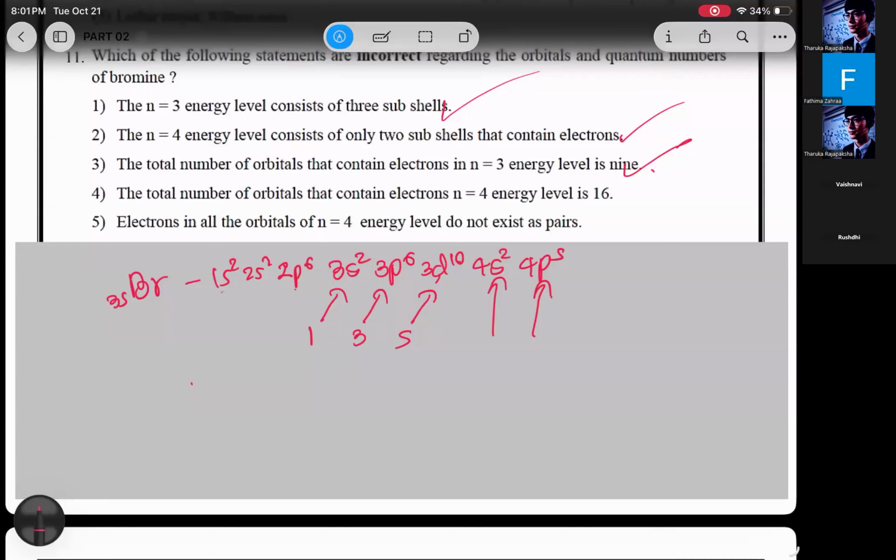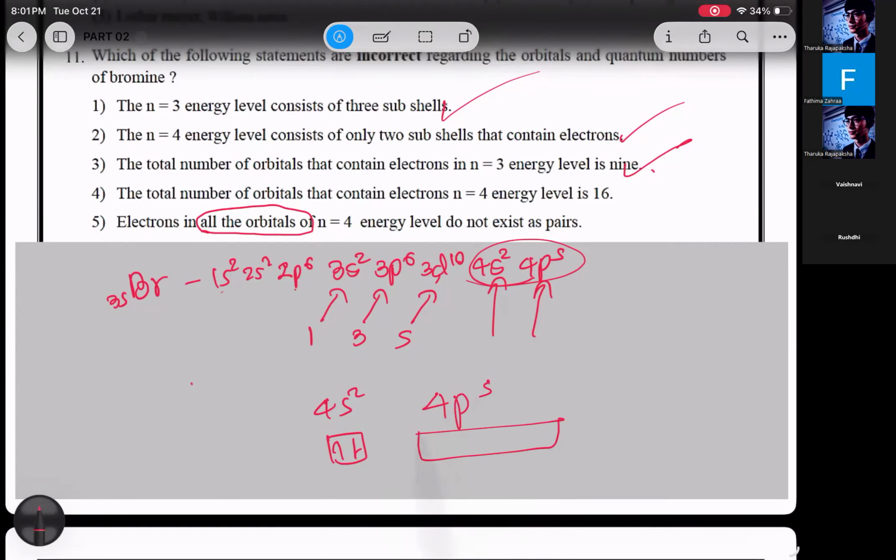Then the fourth one: the total number of orbitals that contain n equals 4 energy level is 16. Electrons in all the orbitals of n equals 4 do not exist as pairs. 4s2 exists as a pair.